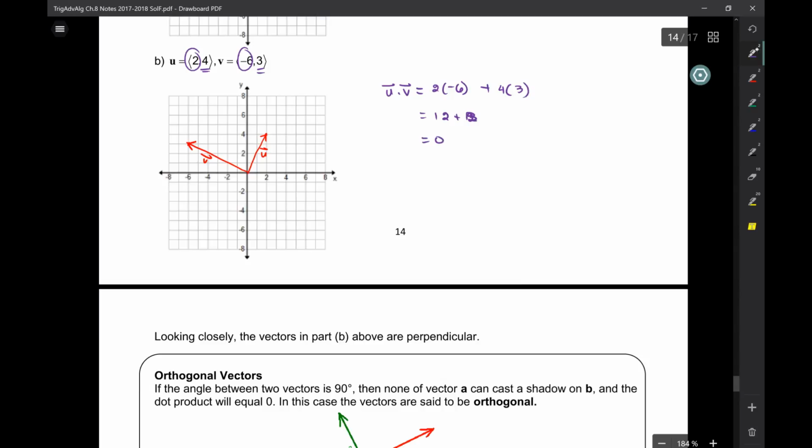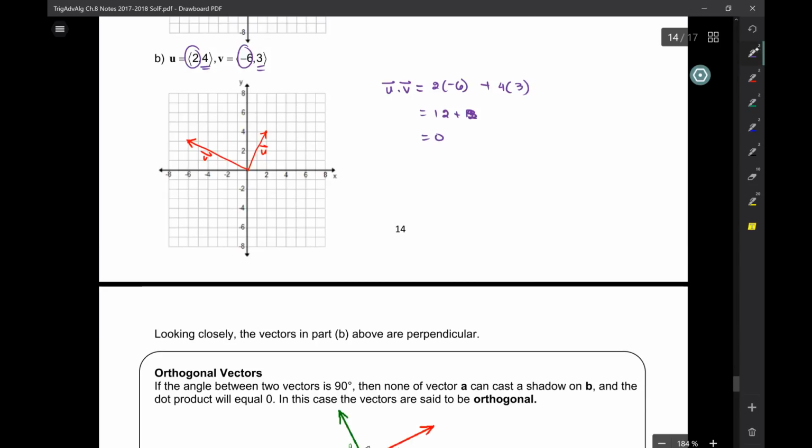Okay, so what happened there? When you look at u and v, the way u and v are situated, the angle between them is 90 degrees.